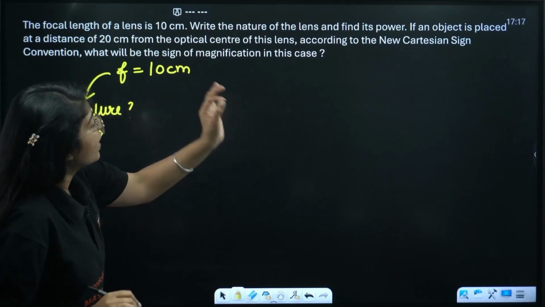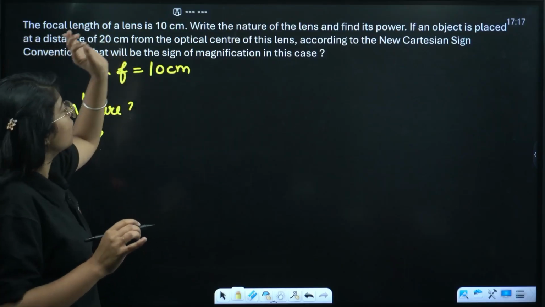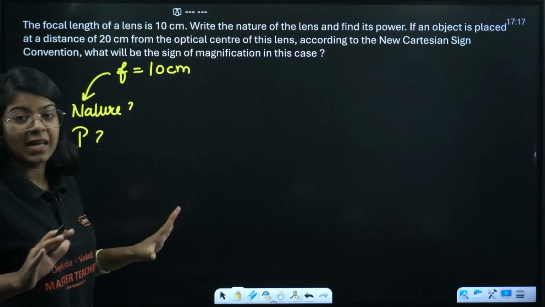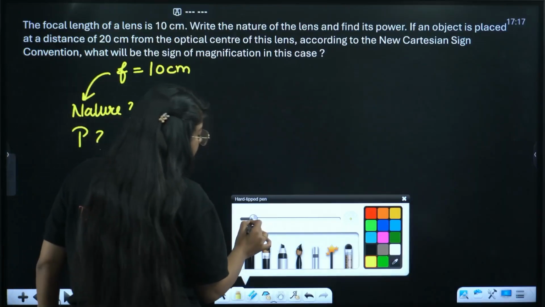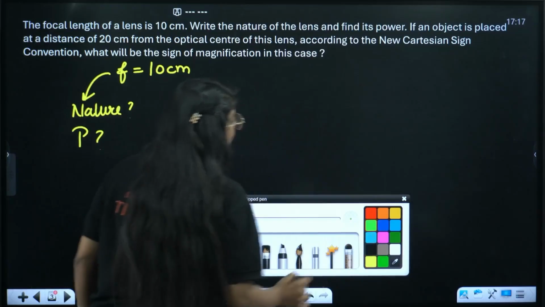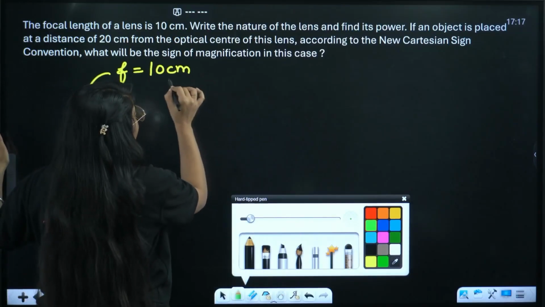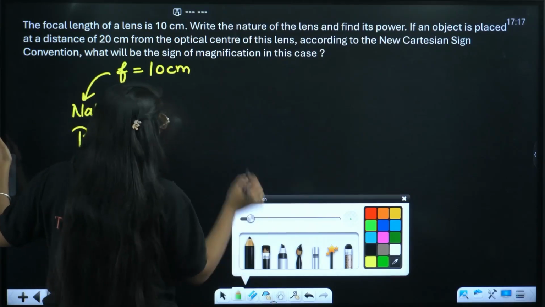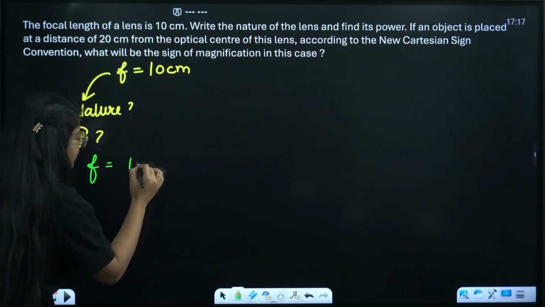Okay, if an object is placed at a distance of 20 centimeter from the optical center of this lens, let's just solve the first part of this. In the first part we have to tell what is the nature of this lens. See how you will go about this. The first thing we have to do is, the focal length of lens is 10 centimeter.